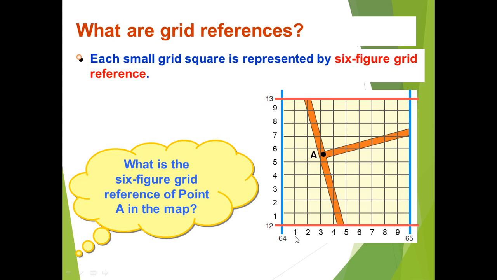Right now you can see from 64 to 65, the region has been divided further by 10 vertical lines and 10 horizontal lines. Location A belongs to the third section of easting 64, because it has passed the third line segment of 64 but hasn't reached the fourth line segment yet. So for easting, we give them the three-figure reference 643.